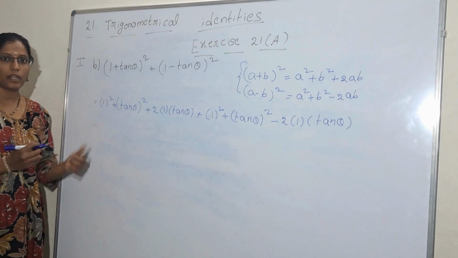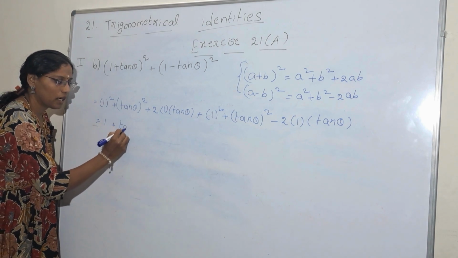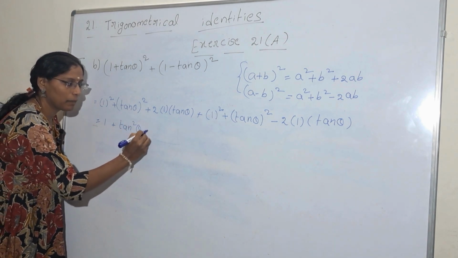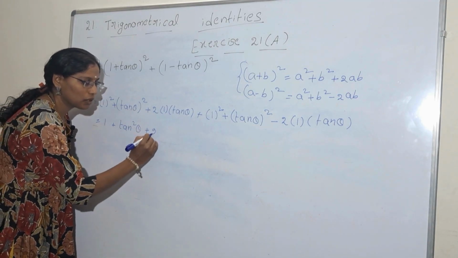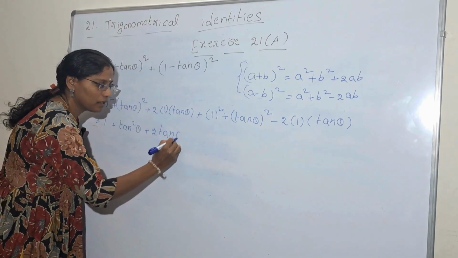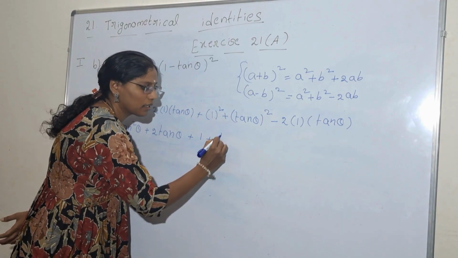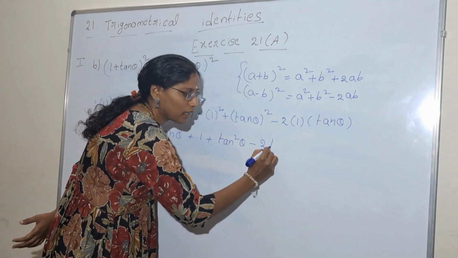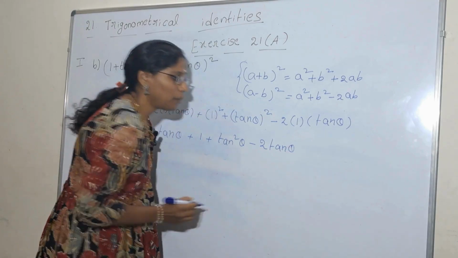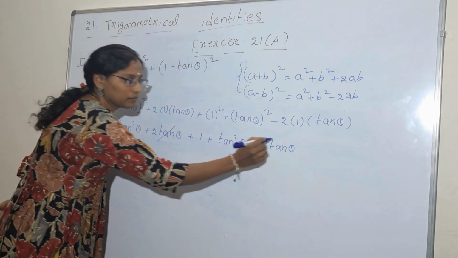Here 1 square value is 1 into 1. 1 plus tan square theta plus 2 tan theta, plus 1 plus tan square theta minus 2 tan theta. Here minus 2 tan theta and plus 2 tan theta cancel.